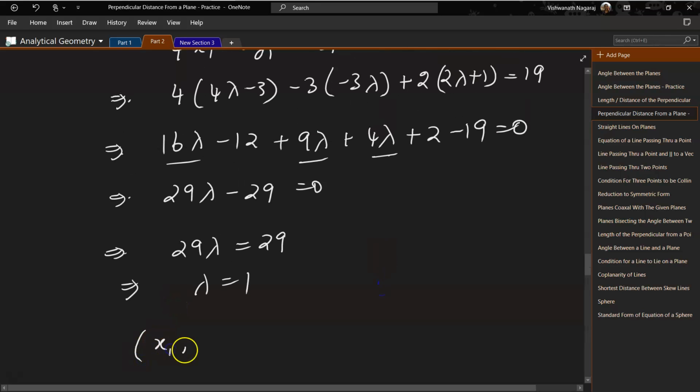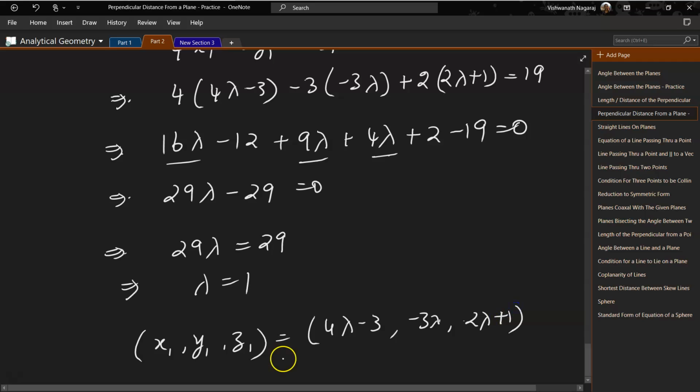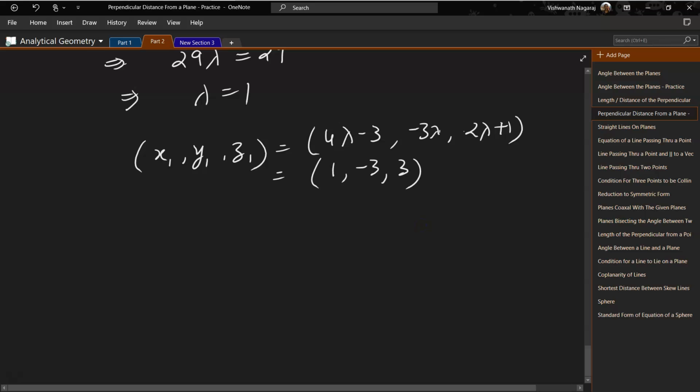Remember, that is x1, y1, z1, which is equal to 4 lambda minus 3, minus 3 lambda, 2 lambda plus 1. Since lambda is 1, it is 4 minus 3 is 1, minus 3, 2 plus 1, 3. So 1, minus 3, 3 are the coordinates of the foot of the perpendicular from the given point.